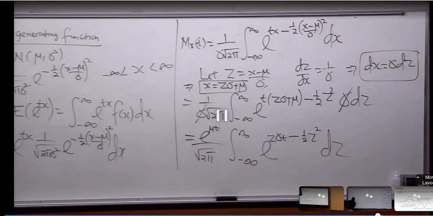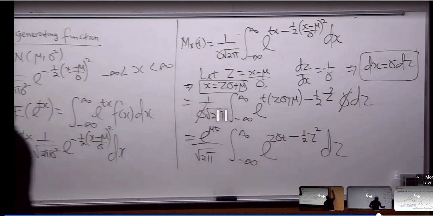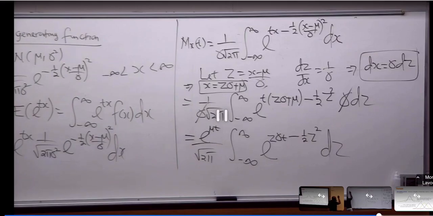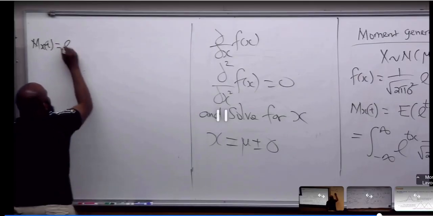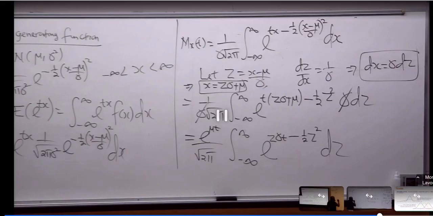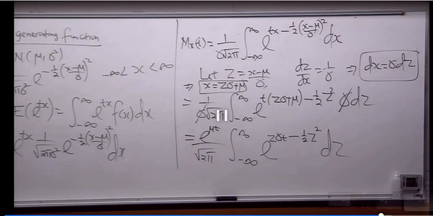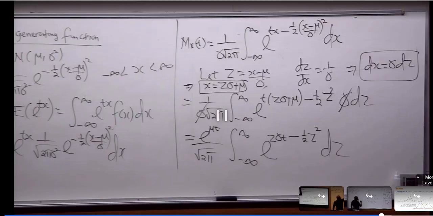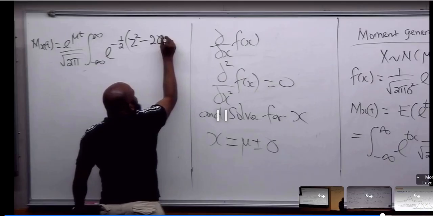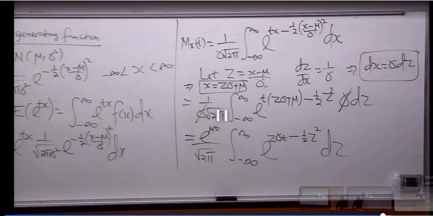So if you take a look at this, M_X of t equals e raised to power mu t divided by square root of 2 pi, negative infinity to infinity, and if I pull minus half out, I'm going to have z squared minus 2 sigma t z, dz.